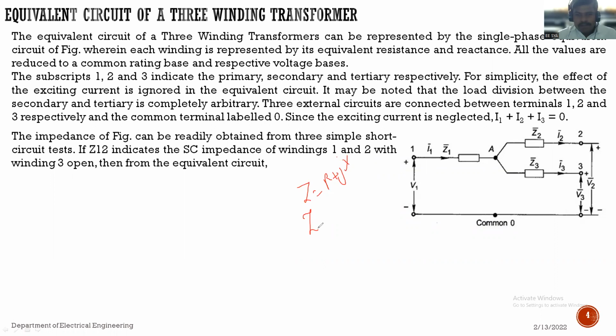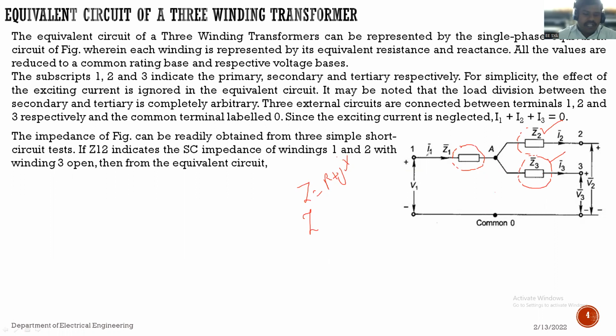See here, in the equivalent circuit there are three windings. So Z1 is the impedance of the primary winding, Z2 the impedance of the secondary winding, and Z3 the impedance of the tertiary winding. So we are using suffixes 1, 2, 3: 1 primary, 2 secondary and 3 tertiary.